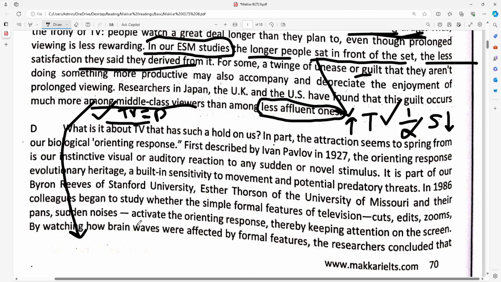Let's see. So what they're saying here is middle class people. We're seeing again the comparison. These are middle class people, and then they're less affluent. Less affluent means poor people only. So what they're saying, guilt. Among middle class people, guilt is more.